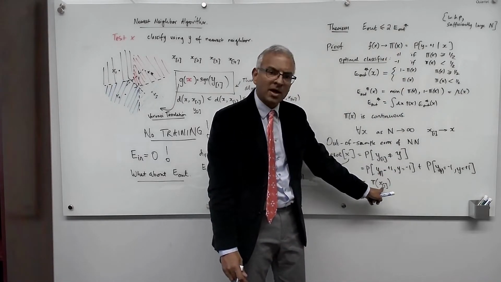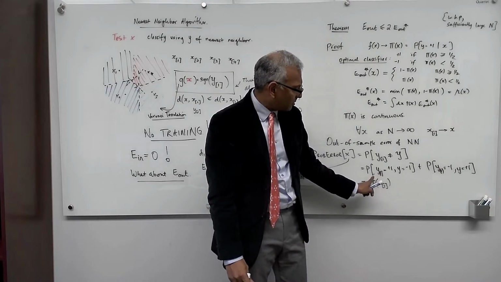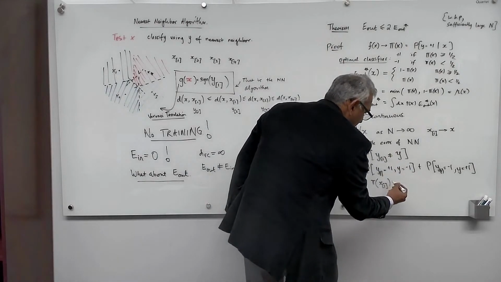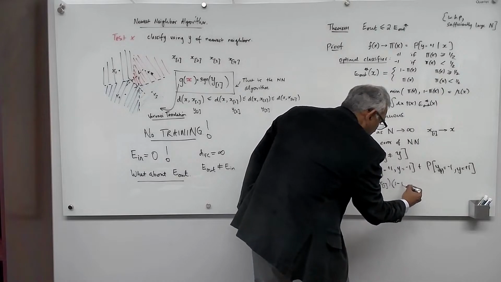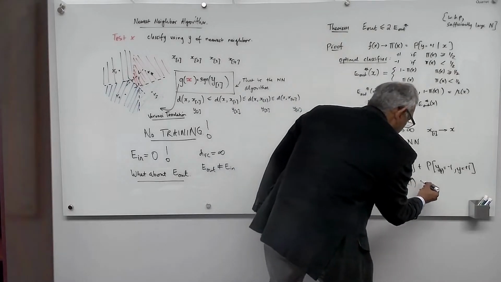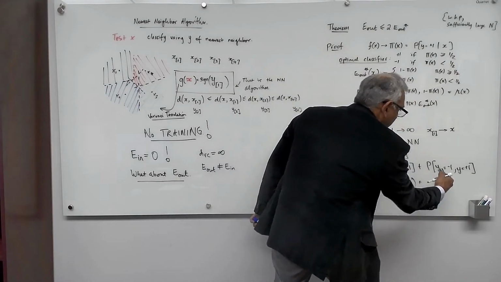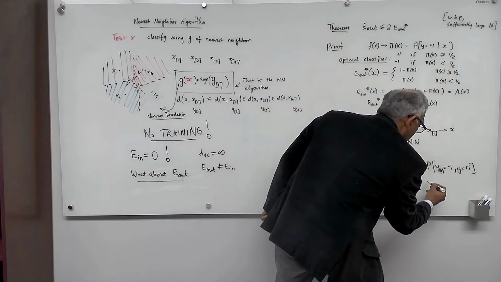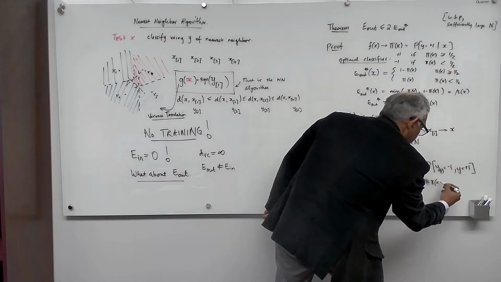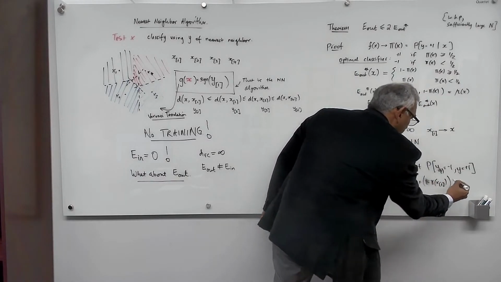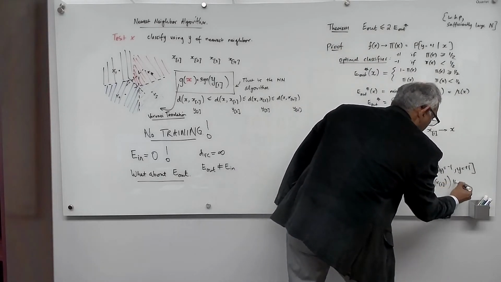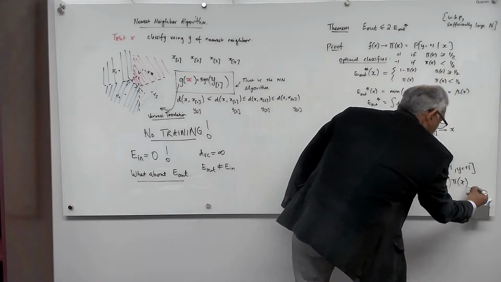If I evaluate this at X1, I get the probability that Y1 equals plus 1, and because the data points are independent, Y is minus 1 with probability 1 minus pi of the test point X, plus the probability that Y1 equals minus 1, so that's 1 minus pi of X1, times the probability that Y equals plus 1, which is pi of X, the test point.